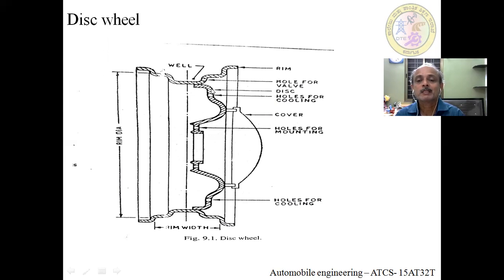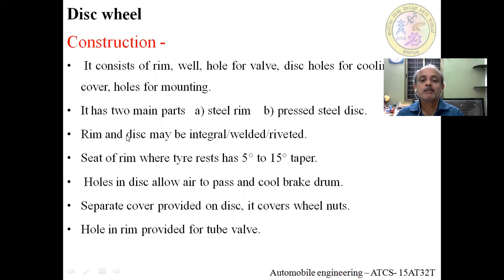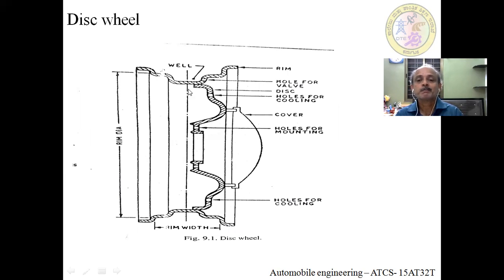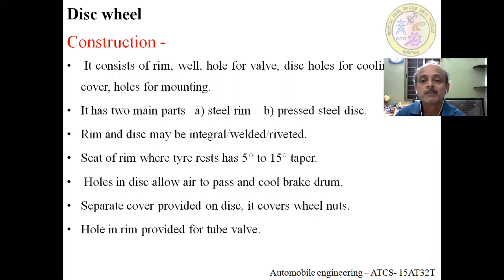The rim and disc may be integral, welded or riveted. In the diagram we can see this rim with disc may be welded, or it may be integral, or it may be riveted. It is different for different vehicles. Two-wheeler is different, car is different, and other vehicles are also different.